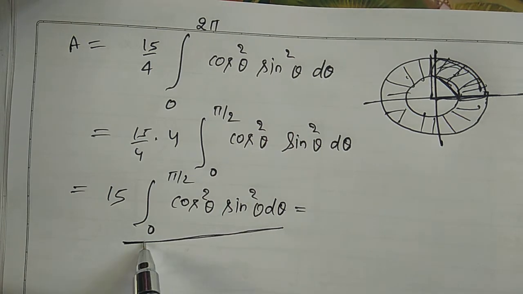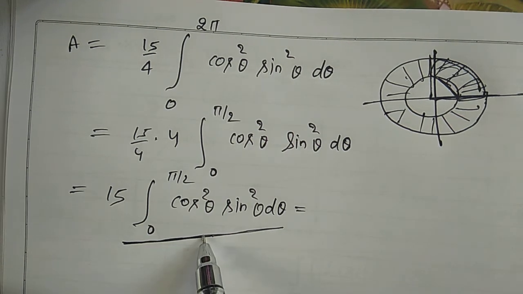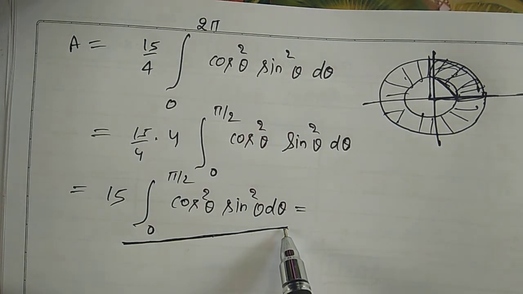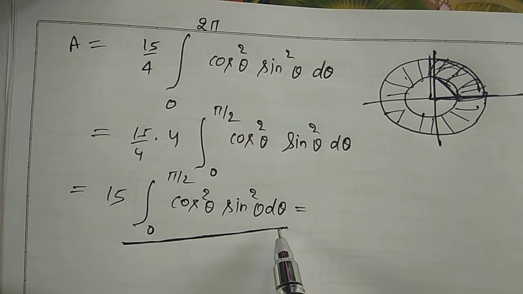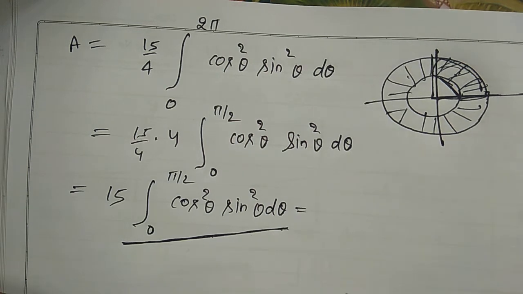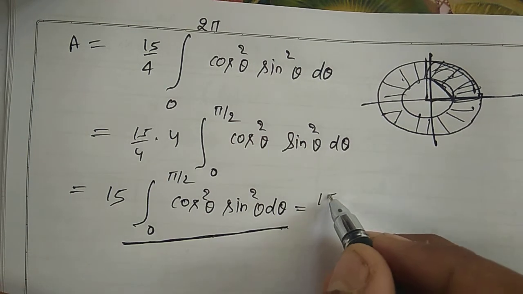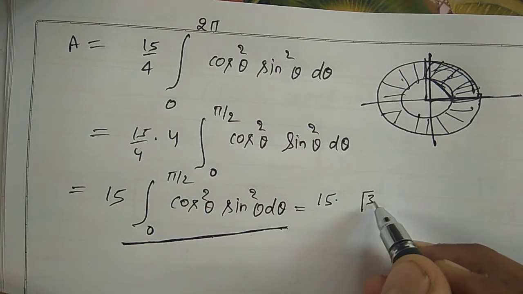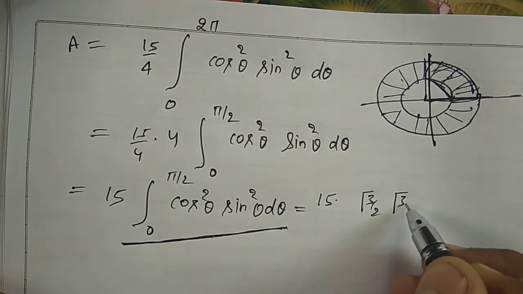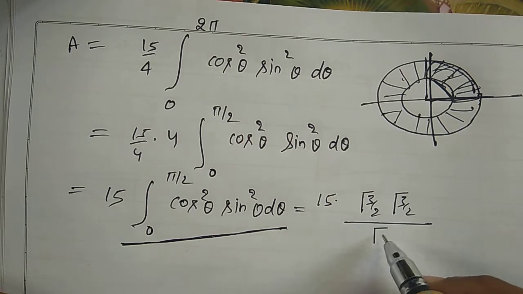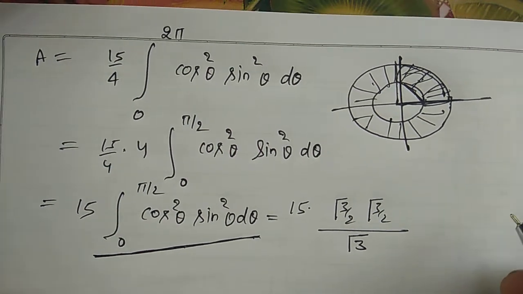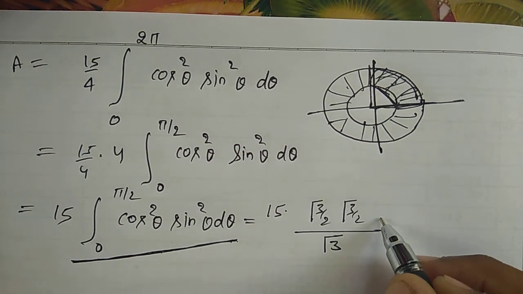For this I already have one video on beta and gamma function, and I will give the link in the description. So the answer will be 15 into gamma 3 by 2 into gamma 3. The details of this reduction formula will be in the link in the description, you can check.